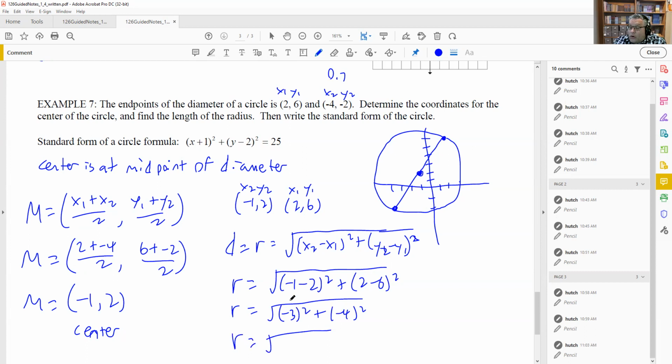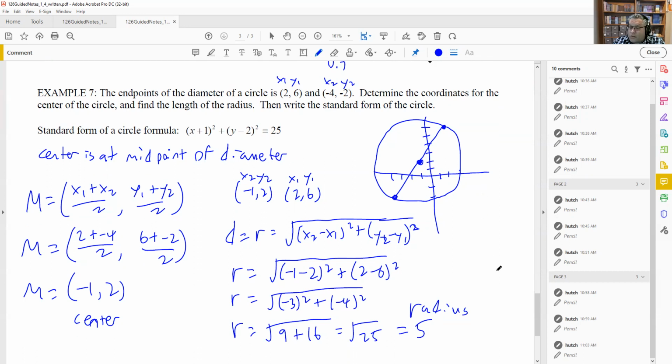If I work that out, I get 9 plus 16, the square root of 25, which is equal to 5. So 5 is going to be the radius. Now I found the center and I found the radius of that circle. So I found both of those.